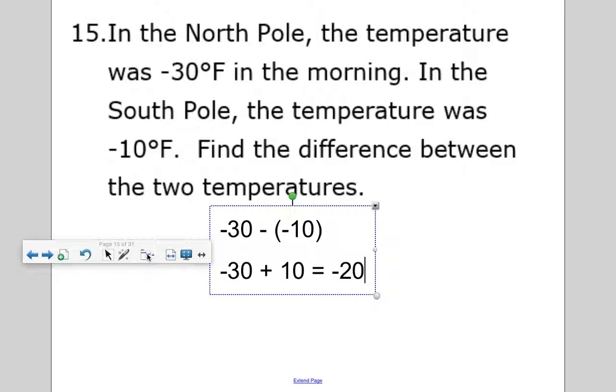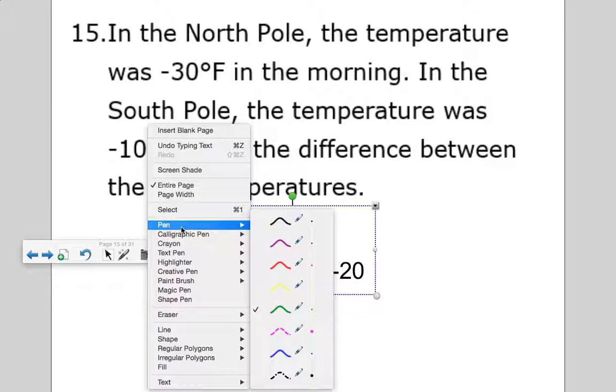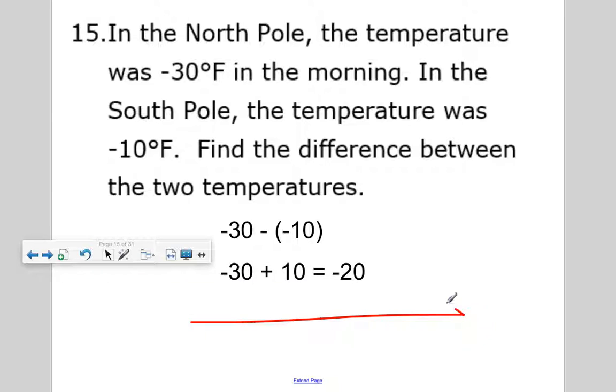In a number line, I guess I will draw a number line. Didn't want to, but if I draw a number line, actually, I'm going to do a vertical number line. So I start at 0. So I go to negative 30 degrees.